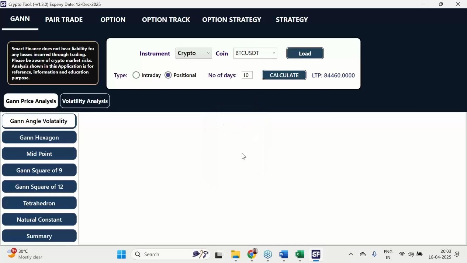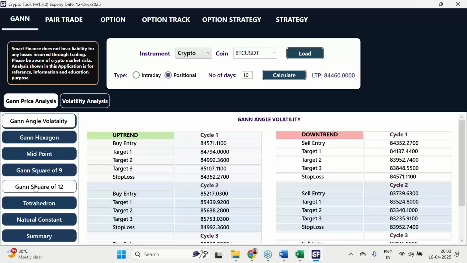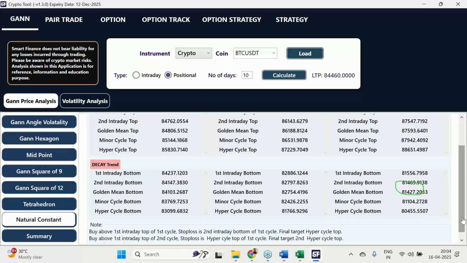I want to know the Bitcoin's trend days computation as per hexagon, Gann angle, volatility, natural constant, whatever it may be. It is a simple crisp. So it is telling me hypercycle for 10 days. It has still 88,000. And in the same way, if it is going in the downtrend, it can come down to 80,500.